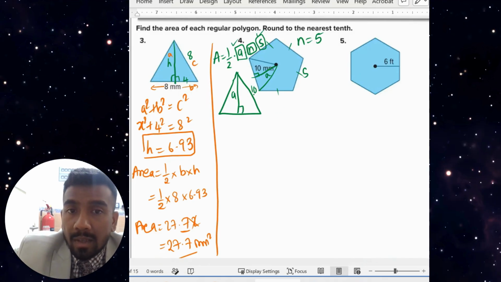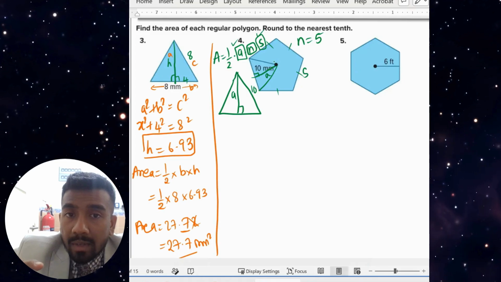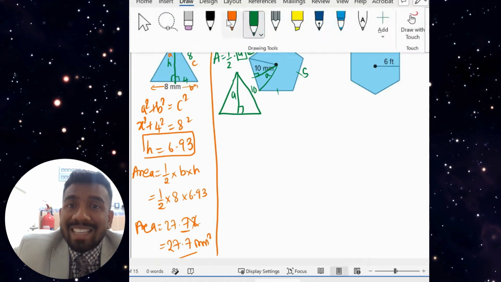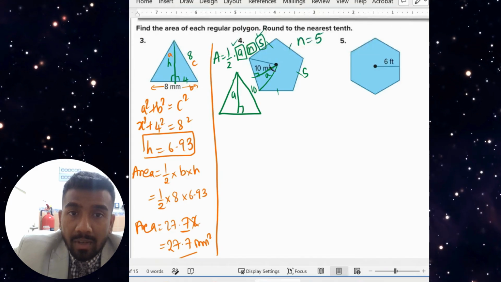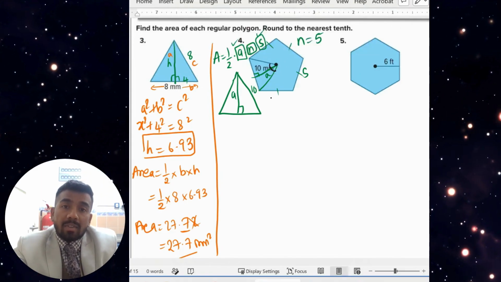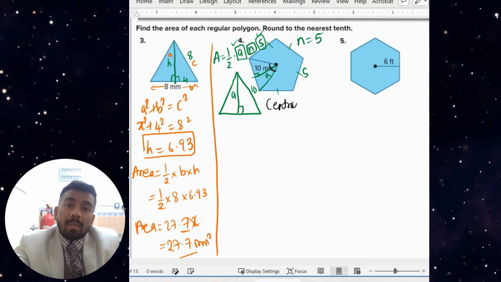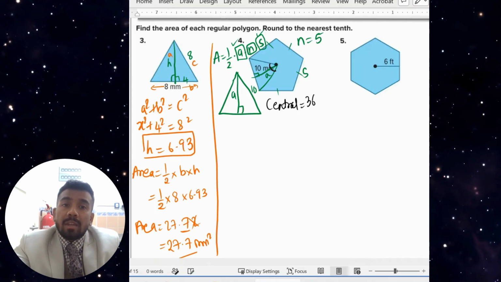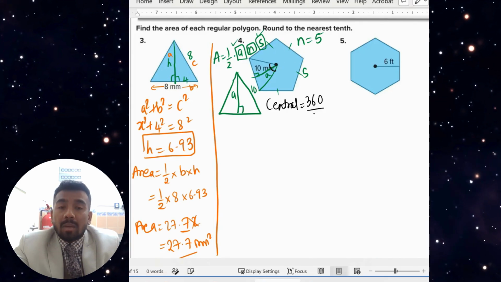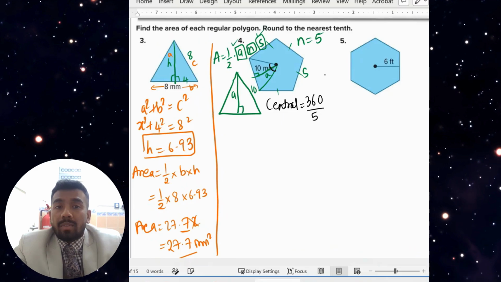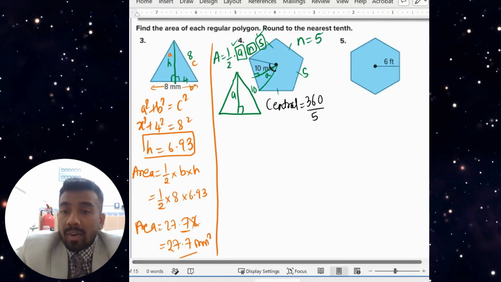Okay, nothing else. Now, before doing it, the first thing you need to find is the central angle. How do you find the central angle? We always do 360 divided by the number of sides. How many sides are there? 5. So 360 divided by 5.